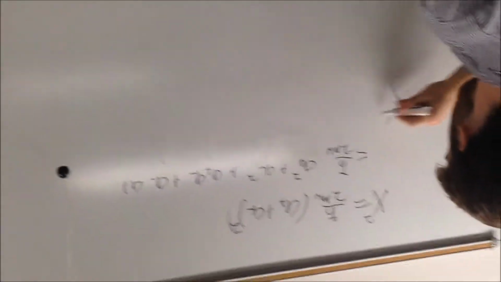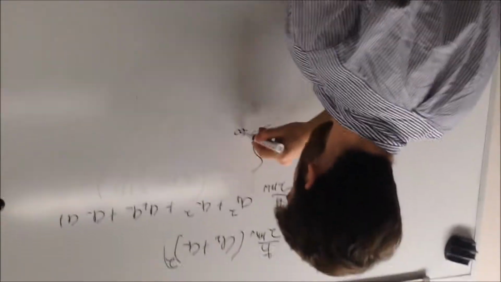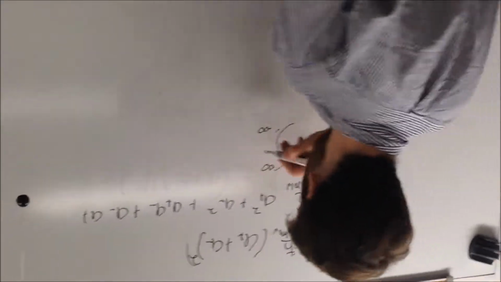So now we operate again. So we do the expectation value of x squared equals the integral from negative infinity to infinity.